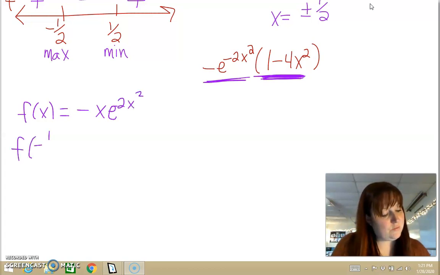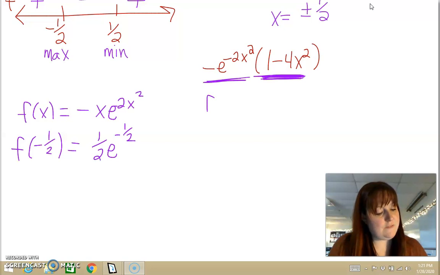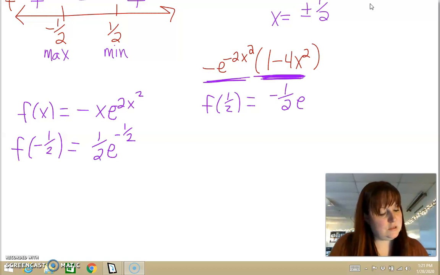So f of negative 1/2 is going to be 1/2 e to the negative 2 over 4, so negative 1/2. And then f of 1/2 is just going to be negative 1/2 e to the negative 1/2. Yep, okay.